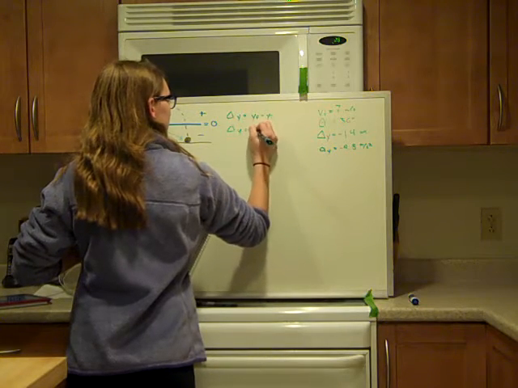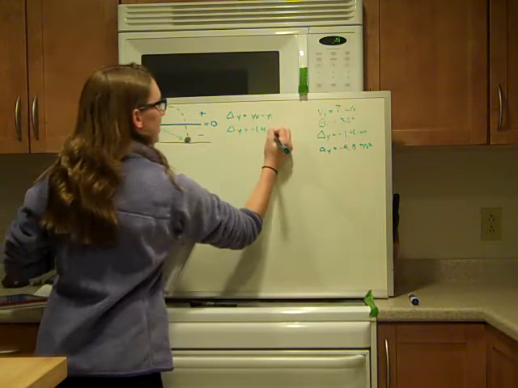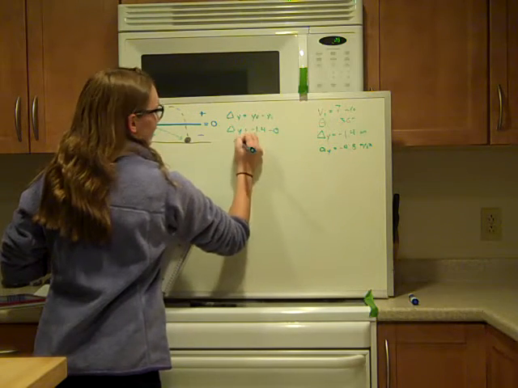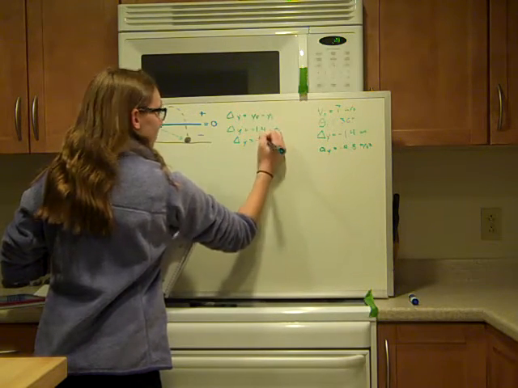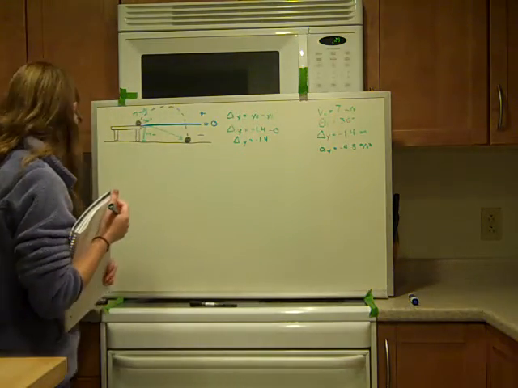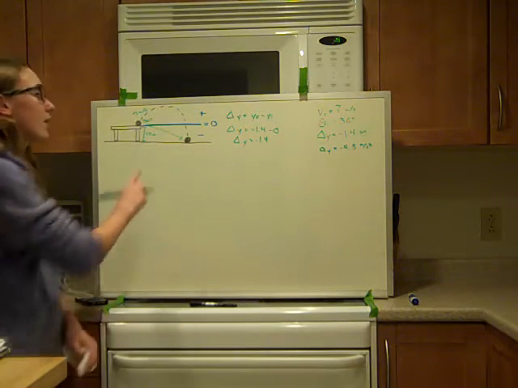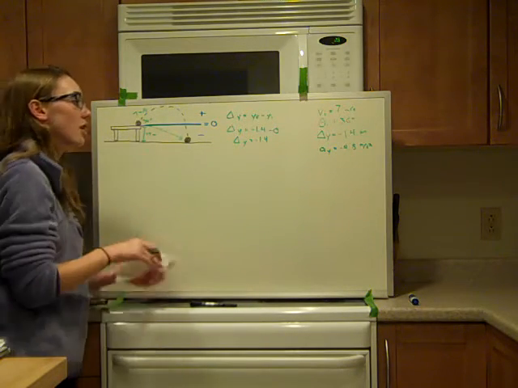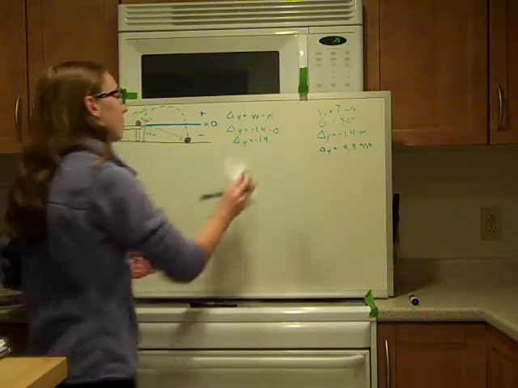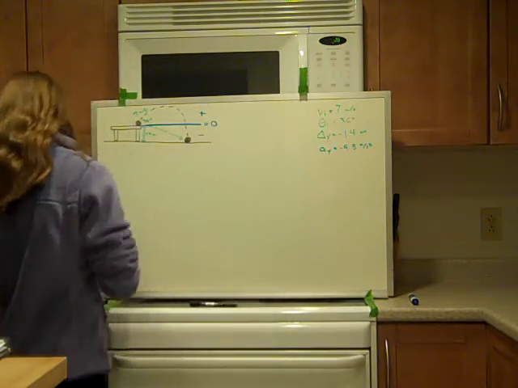Y final is negative 1.4. Y initial is 0. So negative 1.4 minus 0 is equivalent to negative 1.4. That's just the longer way to do that. Usually you can just look at it and see, oh yeah, that's the negative direction, the height is this tall. But if you want to write it out, that can be helpful. I'm just going to erase that because we don't need that right now.